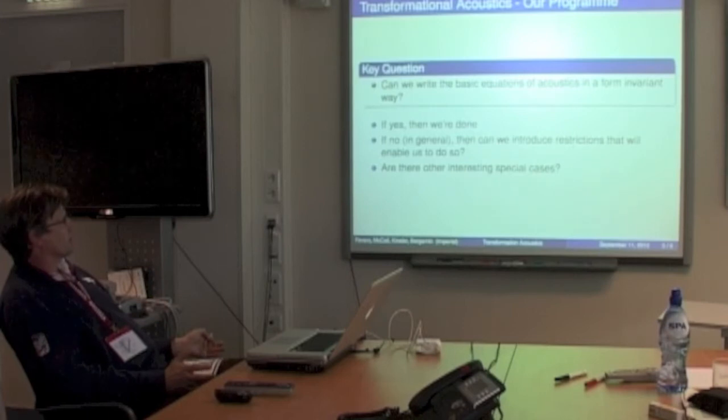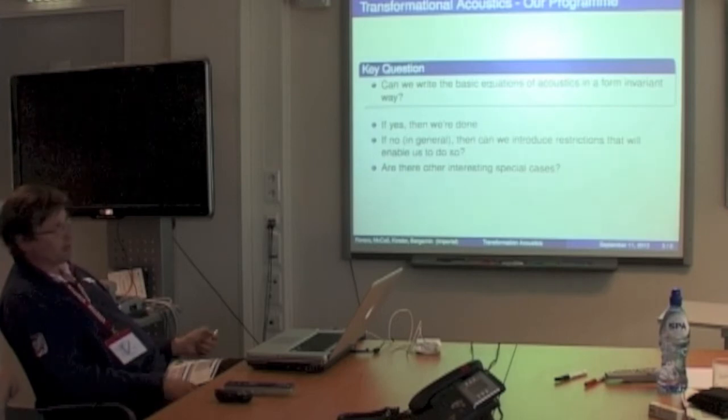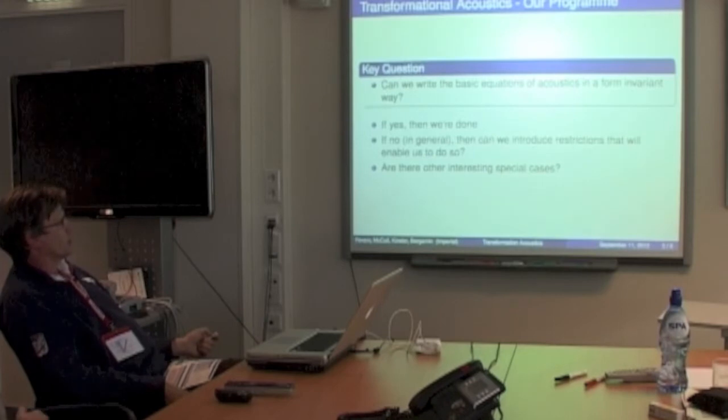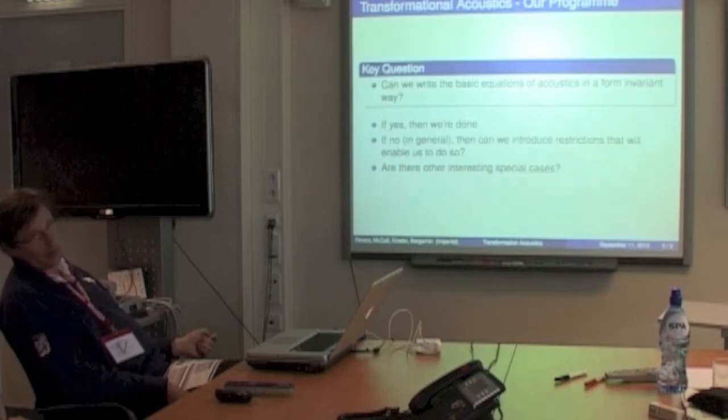But of course the answer is much more complicated. So the answer is no. Metric fundamentally enters into acoustic equations. Then can we introduce various restrictions that enable us to make some general statements? And are there any other interesting special cases that we can identify?